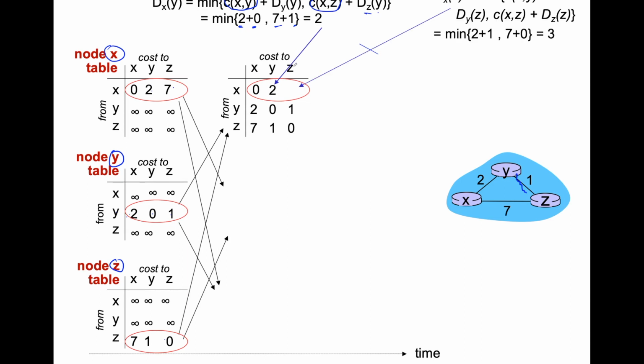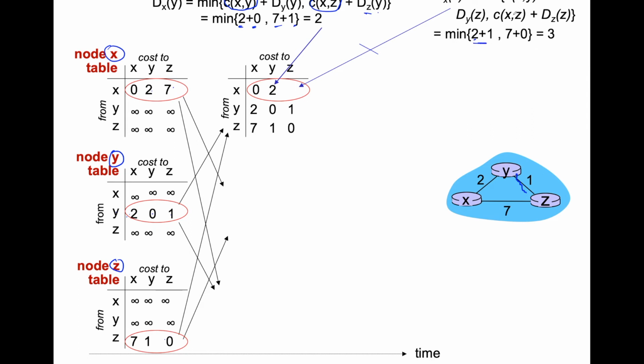We also do the same calculation using the Bellman-Ford update equation for that entry to get the distance estimate for going from node X to Z. Now, to go from X to Z, we can go through one of X's two neighbors, going from X to Y, and then on to Z, or X to Z, and then the least cost path from Z to Z. For the first one, going through X's neighbor Y, we have a cost of 2, and then the distance vector estimate from Y to Z is 1, so that's 2 plus 1 for a cost of 3.